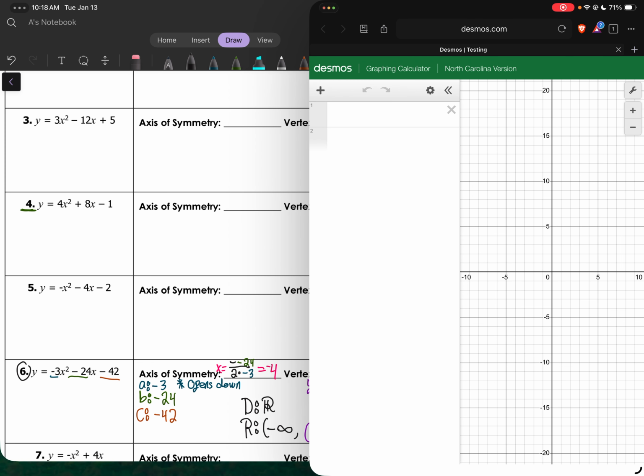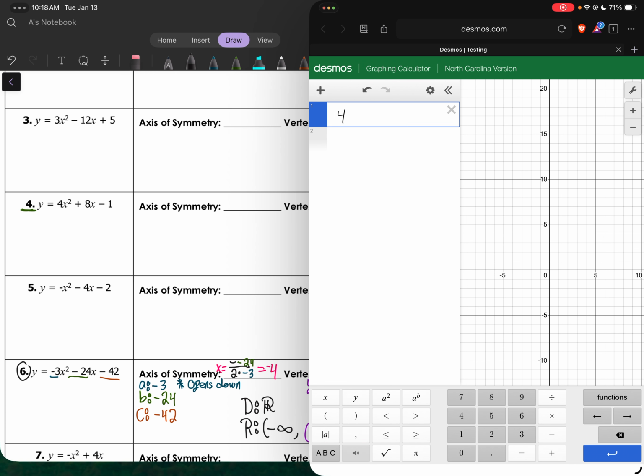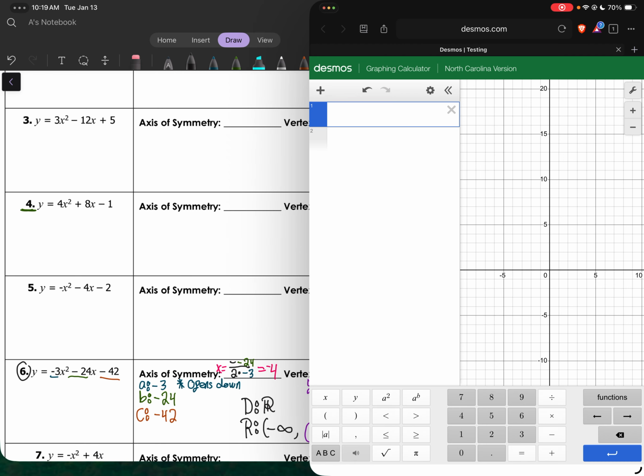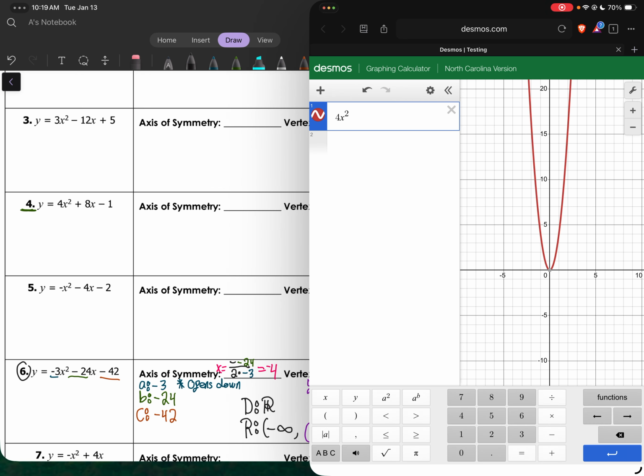Number 4. I'm going to type in 4x squared plus 8x minus 1. That did not work at all, so I'll type it by hand. 4x squared plus 8x minus 1.